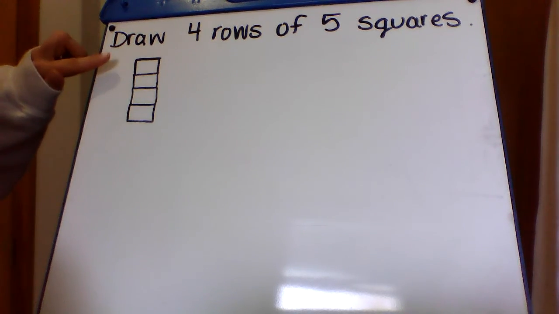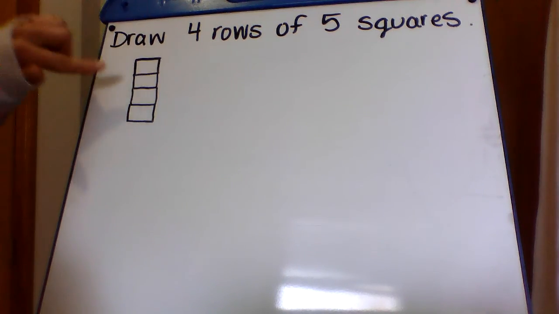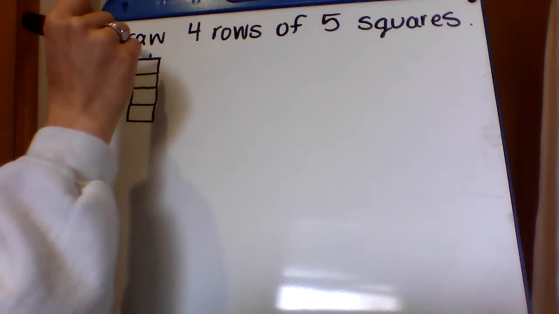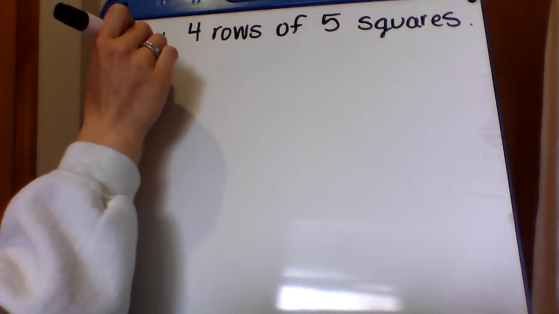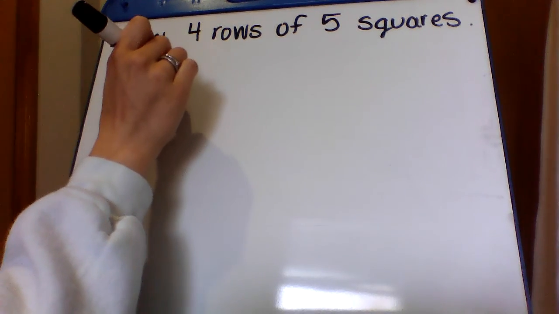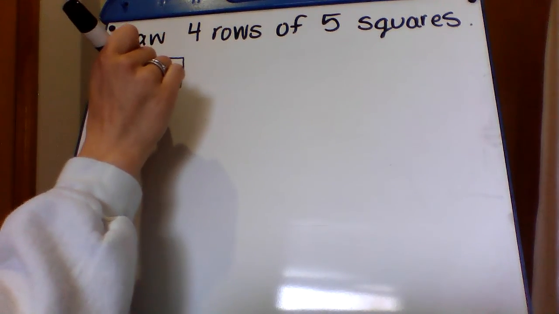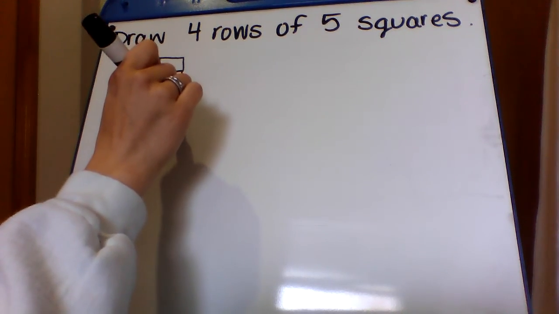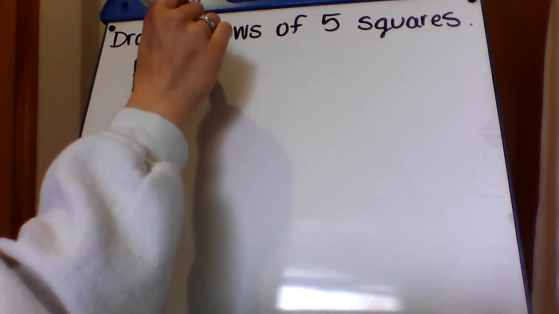Now I have 4 rows, and in those 4 rows are going to be 5 squares going across, or going horizontal. So that's what I'm going to do next. Remember that you want it to be pretty equal. Take your time because arrays are equal.